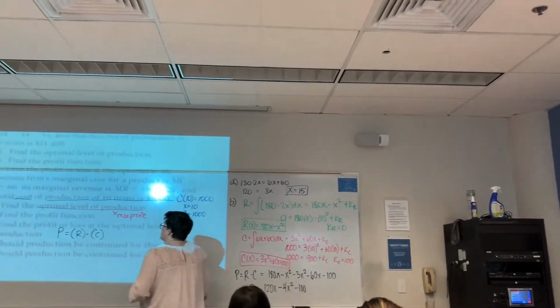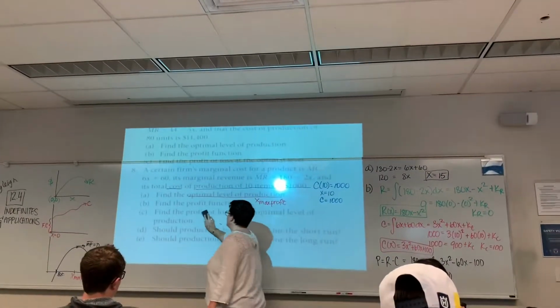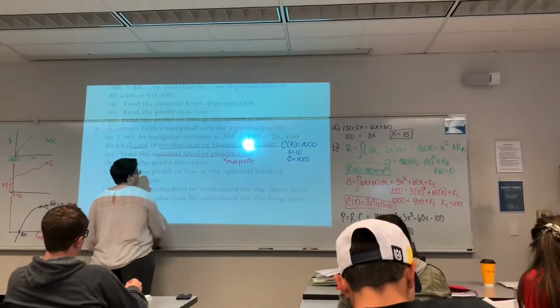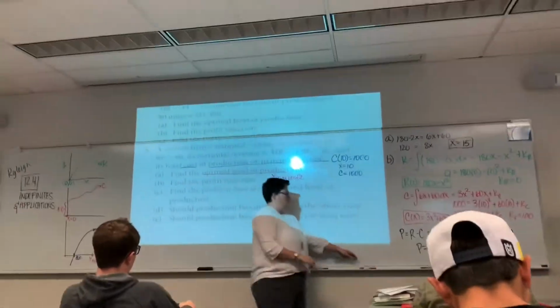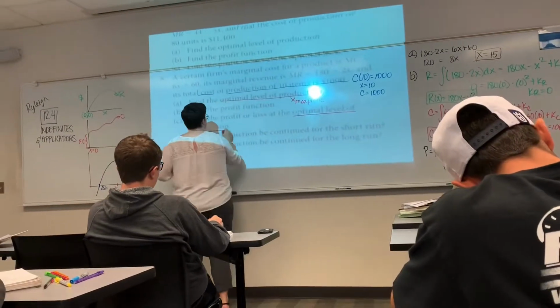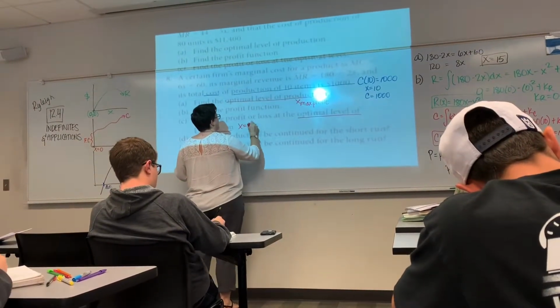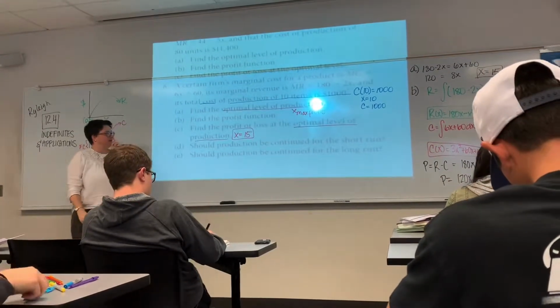All right, so what's part C? Find profit or loss at the optimal level of production. Well, what was the optimal level of production? Yeah, that optimal level of production was x equals 15. We found that in part A. So what am I going to do with that x equals 15?